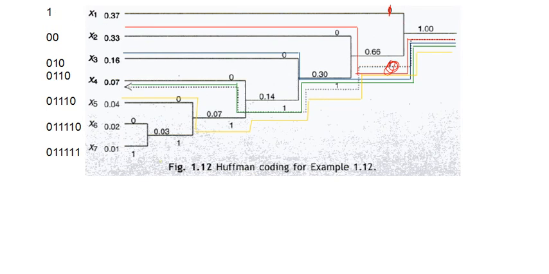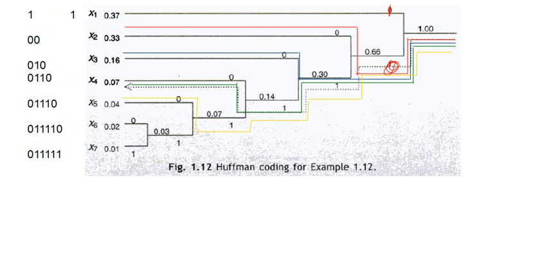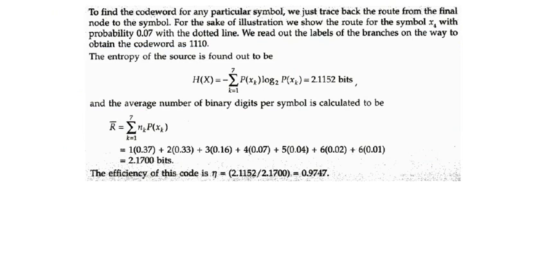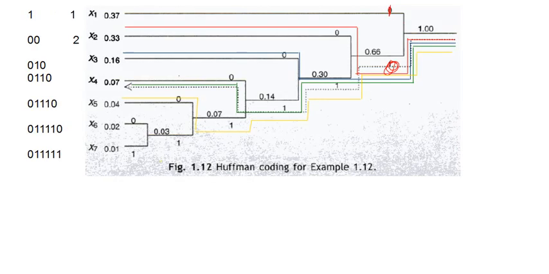The first code word length is 1, and second code word length is 2, and third code word length is 3, and fourth code word length is 4, and fifth one with a length of 5, sixth one with a length 6, seventh one also of length 6.